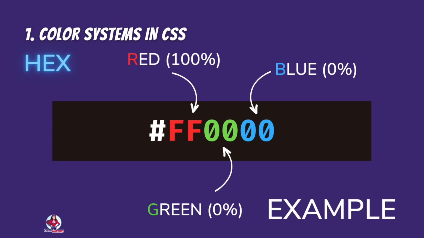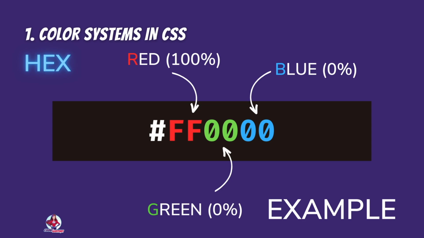Let's break down the hex system further. Each color code starts with a hash symbol. The first pair of characters represents the red component. The second pair represents the green component, and the third pair represents the blue component. Each pair can have values ranging from 00, lowest intensity, to FF, highest intensity.